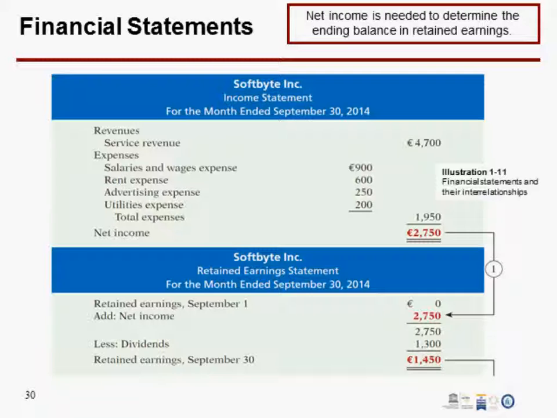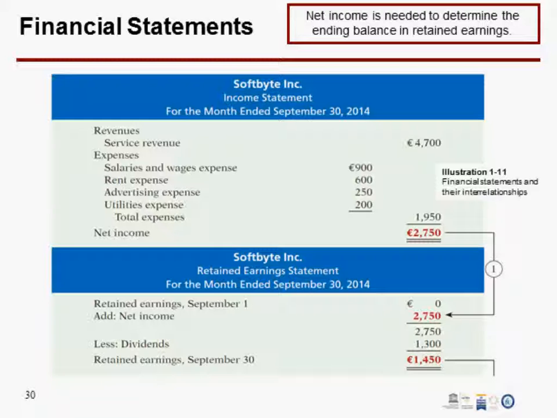So total expense is 1,950. This 1,950 you should deduct from the revenue. So net income should be €2,750.